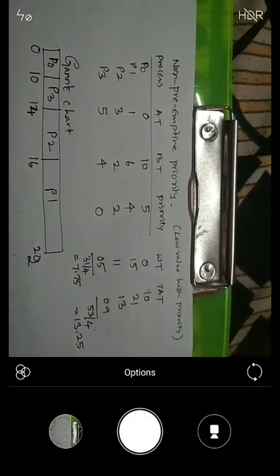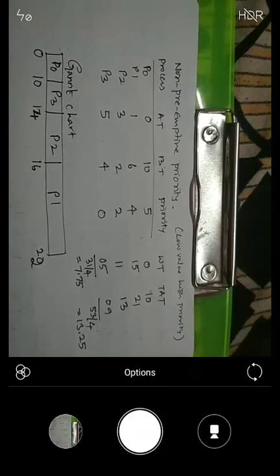Keep in mind the thumb rule: any number assigned against each process is a priority value. Now if the value is low, then it is considered high priority, and if the value is high, it is treated as low priority.